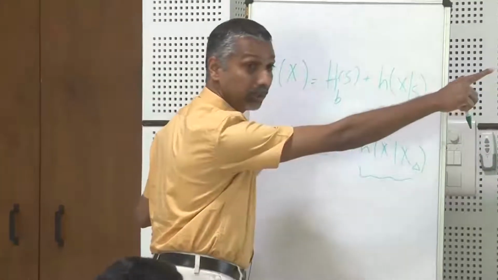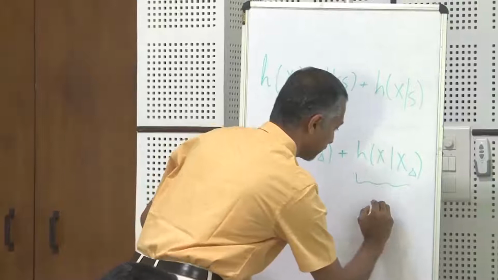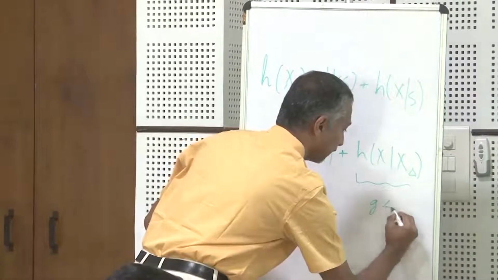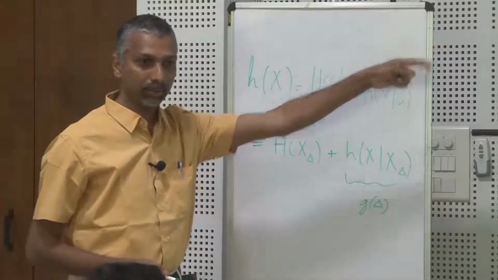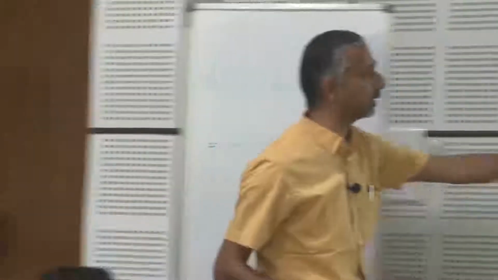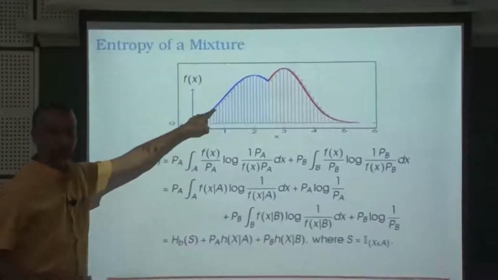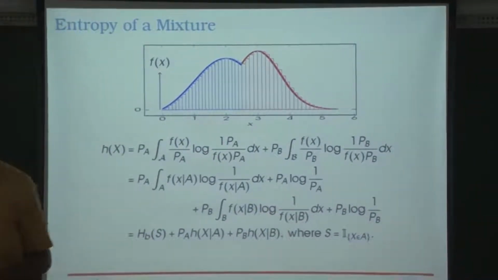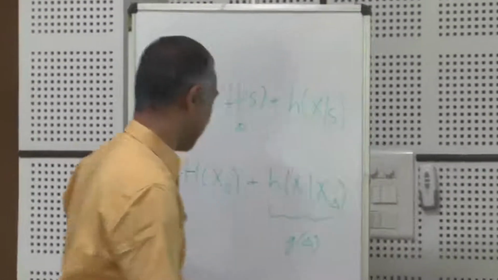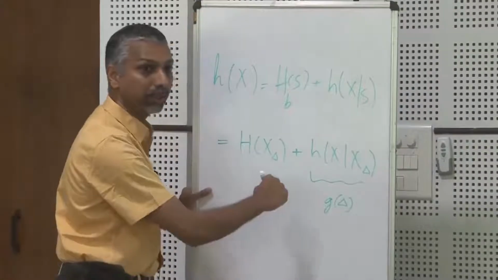If you continue uniform approximation, this will go to some constant. Let's call this g of delta, because they all look alike. The distribution of all these parts is nothing but a uniform distribution as delta goes small, right? That's the idea of Riemann approximation. So this number will go to a constant. Next slide I'll show that this will actually go to log delta.